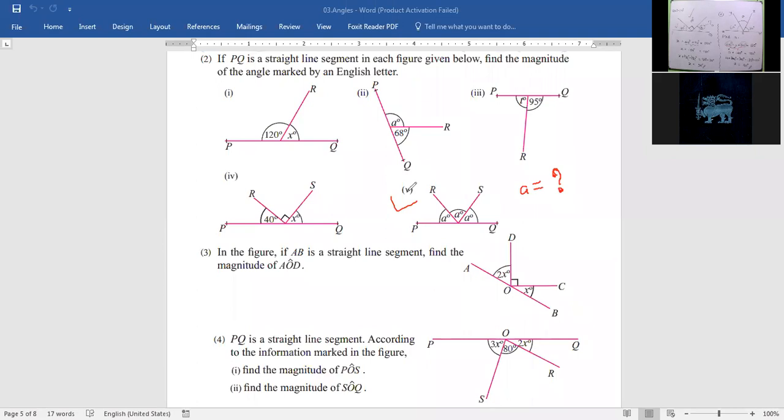Shani has also sent me. Nice. And Dylan has also sent me the answer.